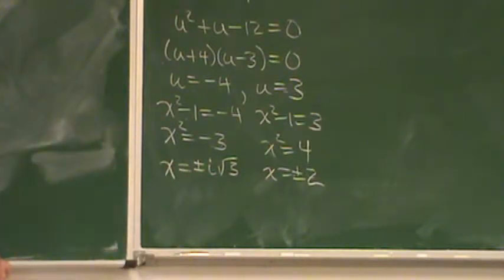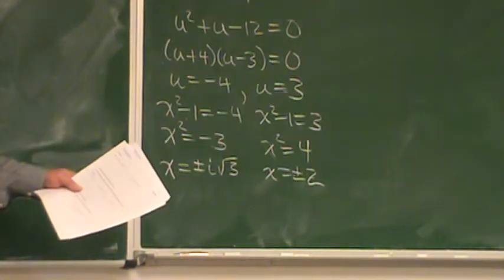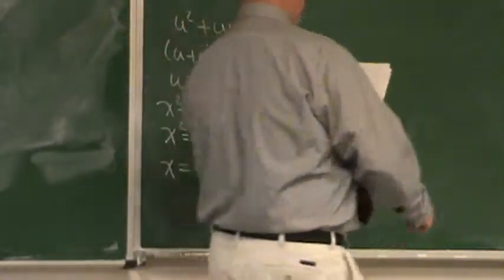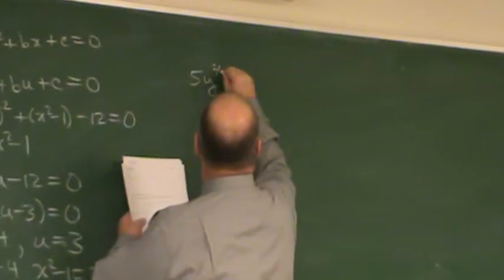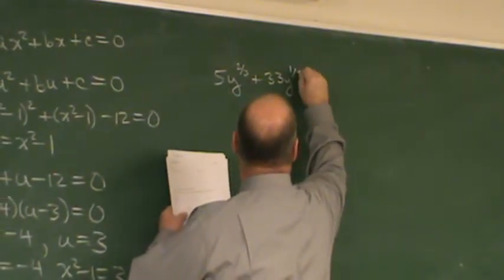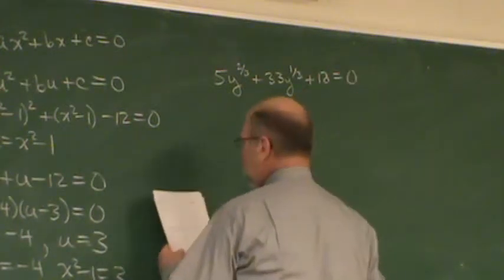Okay, now, one of my issues with this unit is the title of this unit. The title of this unit is Higher Order Polynomial Equations. Okay? And then they give you problems like 5y to the 2/3 plus 33y to the 1/3 plus 18 equals 0.